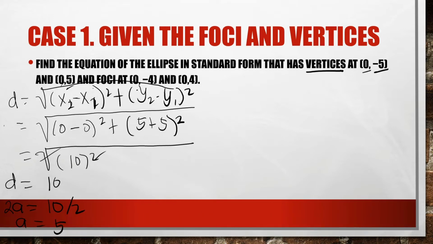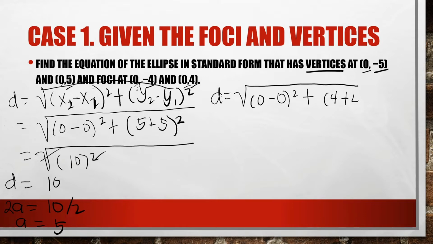So, next naman is hahanapin natin yung distance nung foci. Given naman yung coordinates ng foci, (0, -4) and (0, 4). So, distance formula ulit. D is equal to square root of (0 minus 0) squared plus (4 minus negative 4) squared, so magiging plus 4.